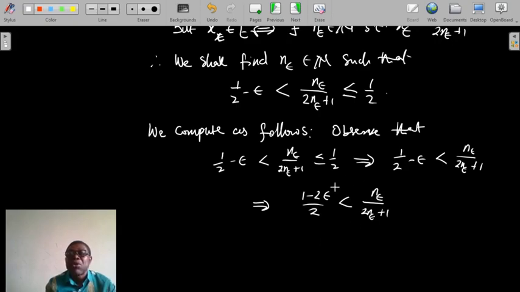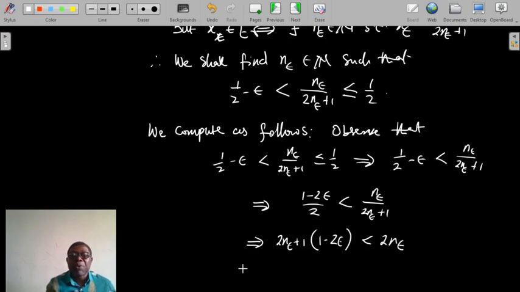And to clear fractions, having positive terms in the denominator, we multiply both sides by the LCM of the denominators, which is multiplying both sides by 2 times 2n_epsilon plus 1. So this will imply that 2n_epsilon plus 1 times 1 minus 2 epsilon will be less than 2n_epsilon.